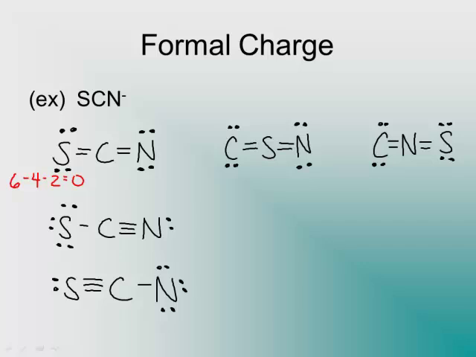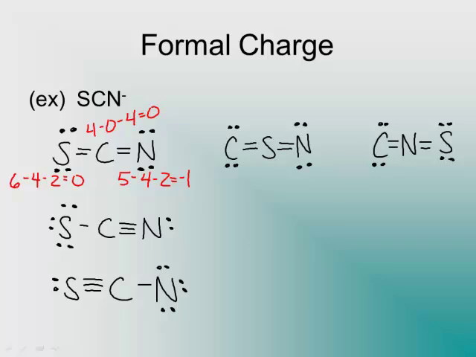The carbon has 4 valence electrons, minus 0 non-bonding, minus 4 bonds, which also equals 0. Nitrogen has 5 valence electrons, minus 4 non-bonding electrons, minus 2 bonds, equals a negative 1. Those formal charges add up to negative 1, as they should, because this is a negative 1 ion.